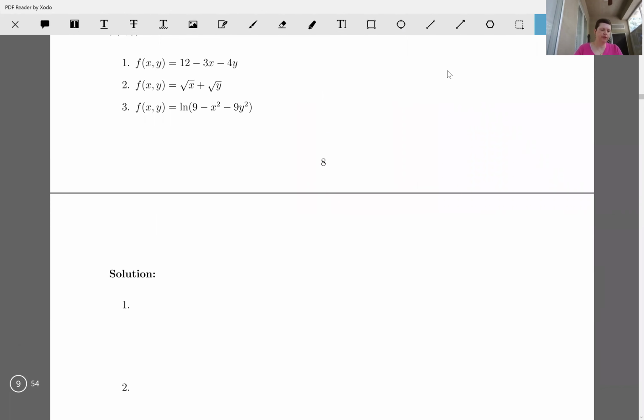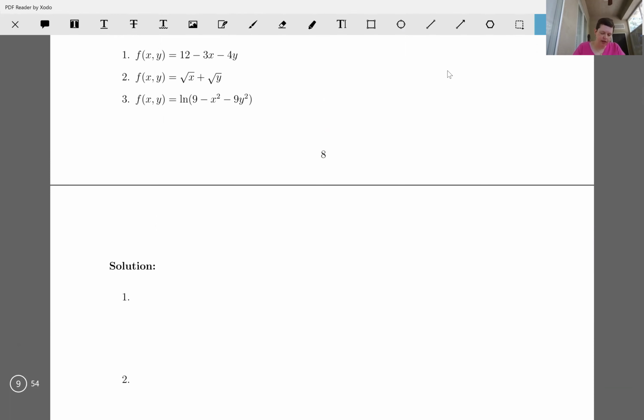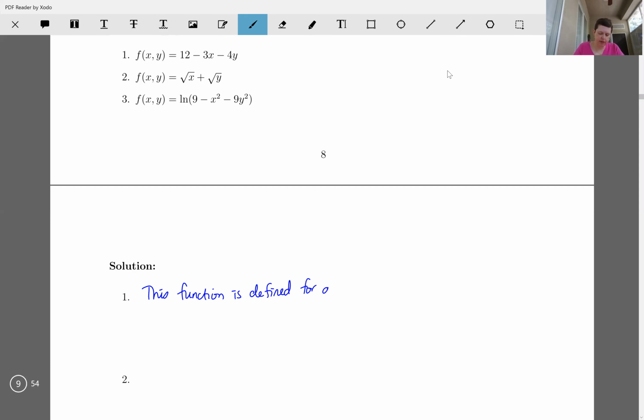So for the first function, where f is 12 minus 3x minus 4y, this function is defined for all x and y. And so what does that tell me about the domain? The domain is all of R2.